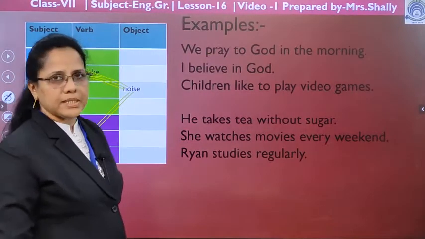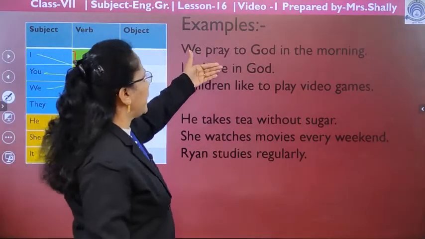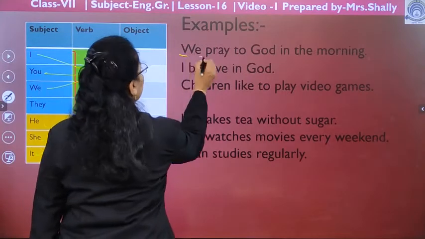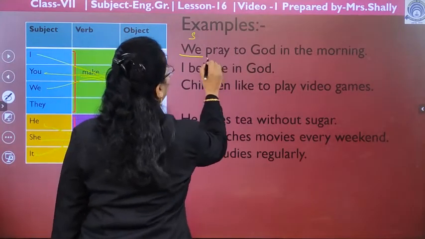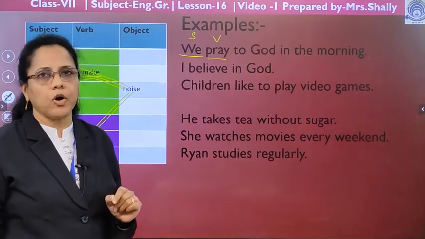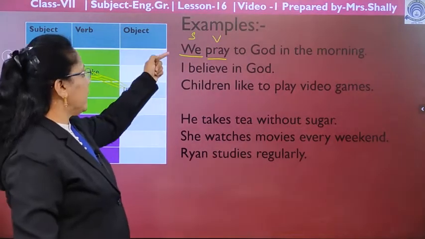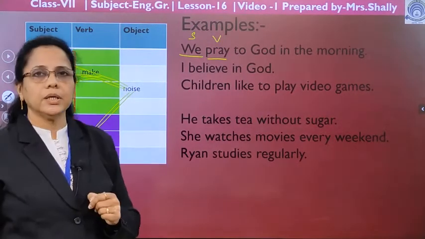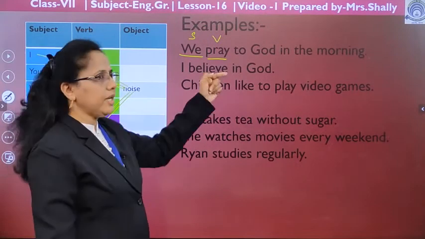Some more examples are given here. We pray to God in the morning. Here the subject is we and the verb is pray. We use the base form of the verb pray because the subject is plural. I believe in God.